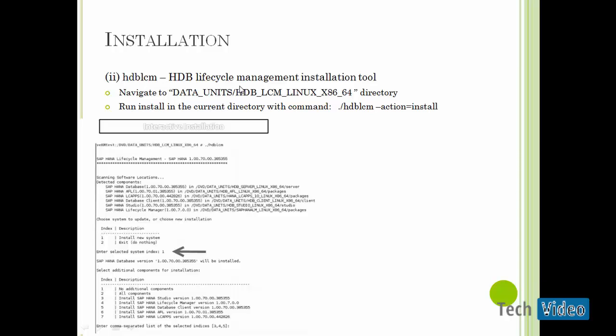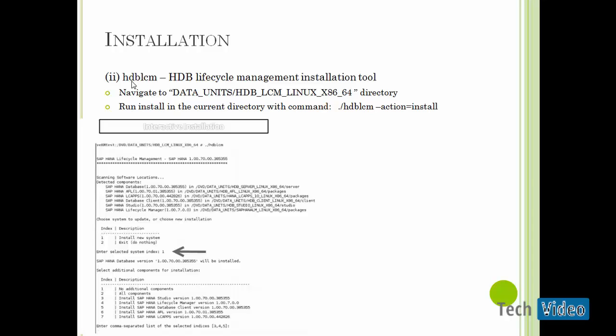Also under the HANA DB server software package, we will have HDBLCM, as shown earlier. To navigate to this particular package, you have to choose the data unit, HDBLCM, and the operating system directory. There you can find the HDBLCM installation tool.